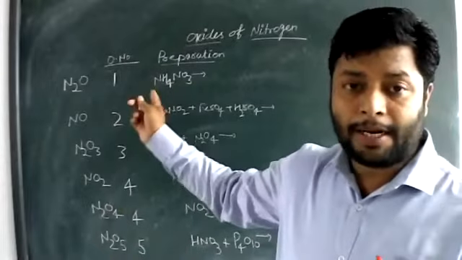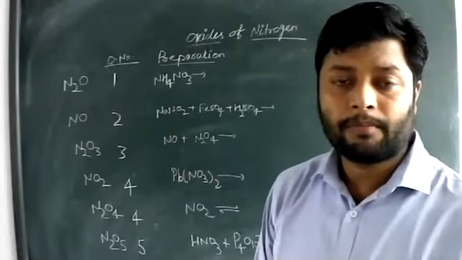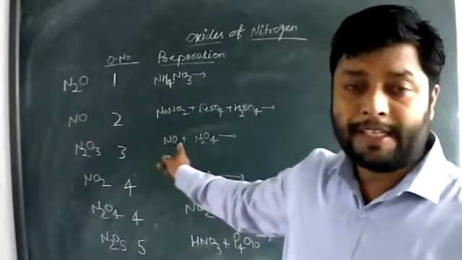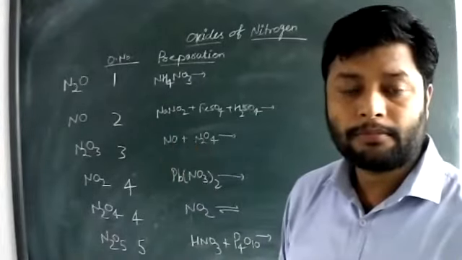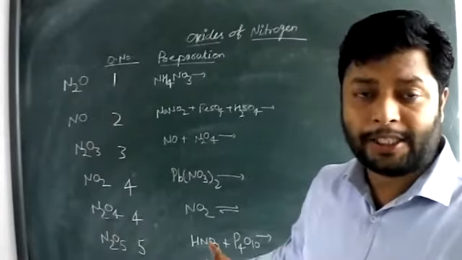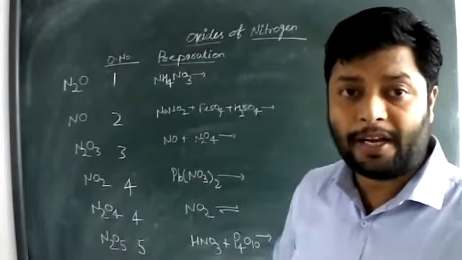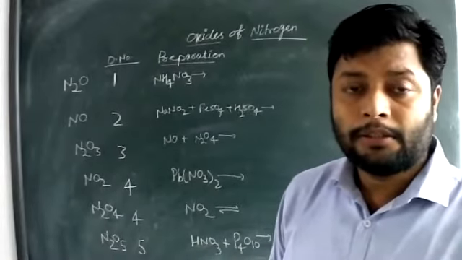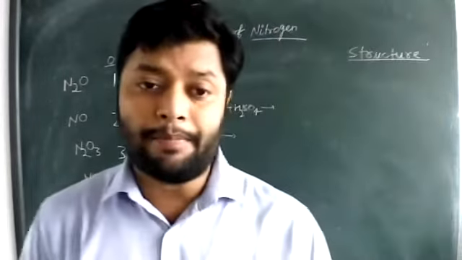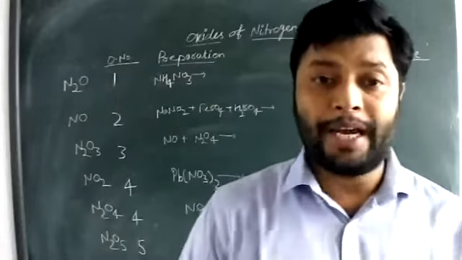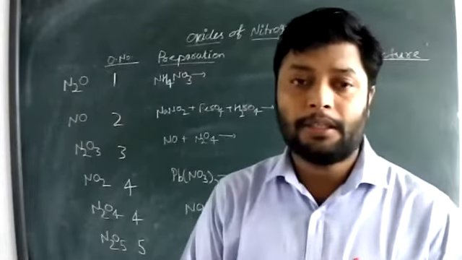Along with that, you can thermally decompose ammonium nitrate to give nitrous oxide, a rearrangement reaction of nitric oxide with nitrogen dioxide, and reaction of HNO3 with phosphorus pentoxide. These reactions are all of the same types, either thermal decomposition or rearrangement reactions.